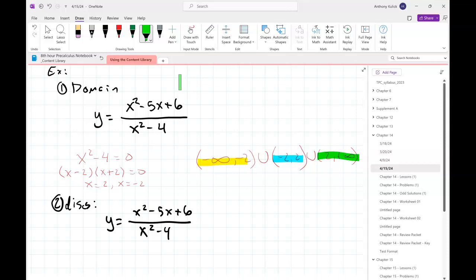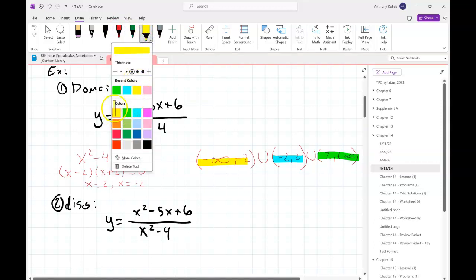And I use parentheses the whole way through rather than a bracket. Why? What's the difference between a parenthesis and bracket when I do these interval notations? Great. So parentheses means that number is not included at the end, and a bracket means it is included. Why did I want to make sure I use parentheses here on the 2 and -2?